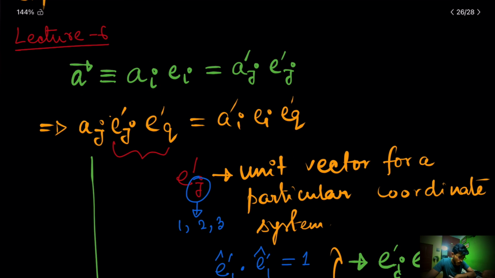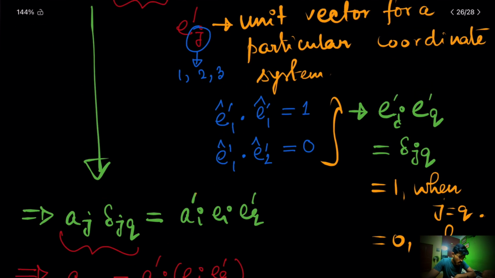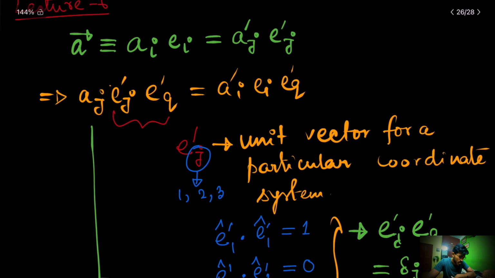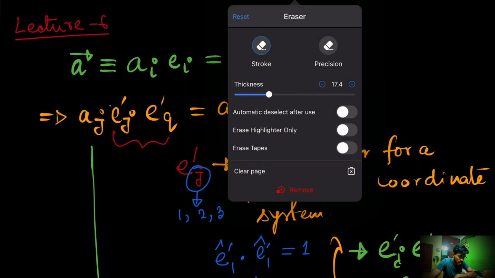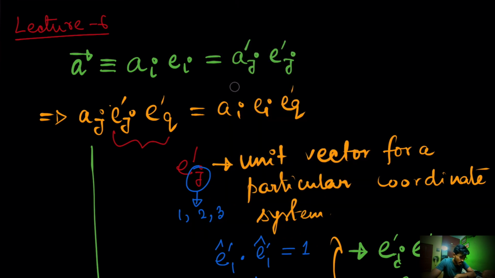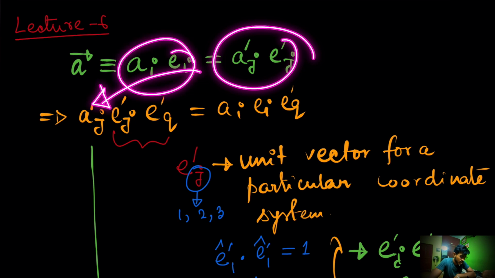Is there something wrong? Just let me see. Another thing, I have made a mistake here. I changed the sign. Don't worry, I will again go through the whole derivation so that you don't lose track. Here the dash will be here because I have written this side here and this side here.